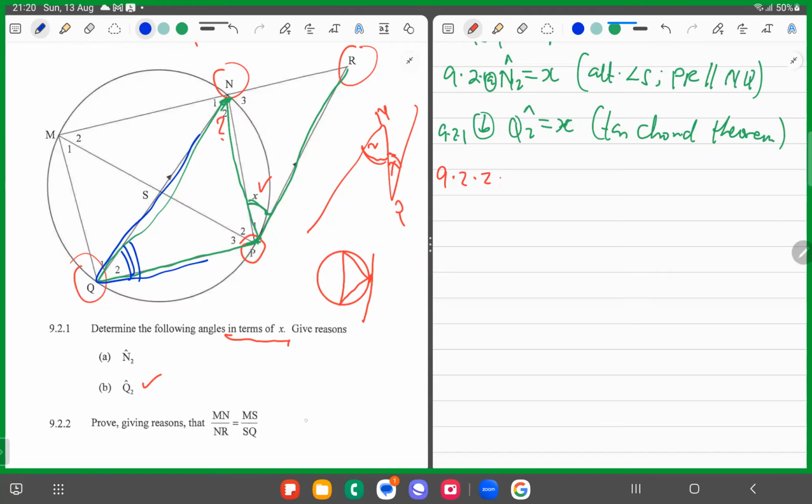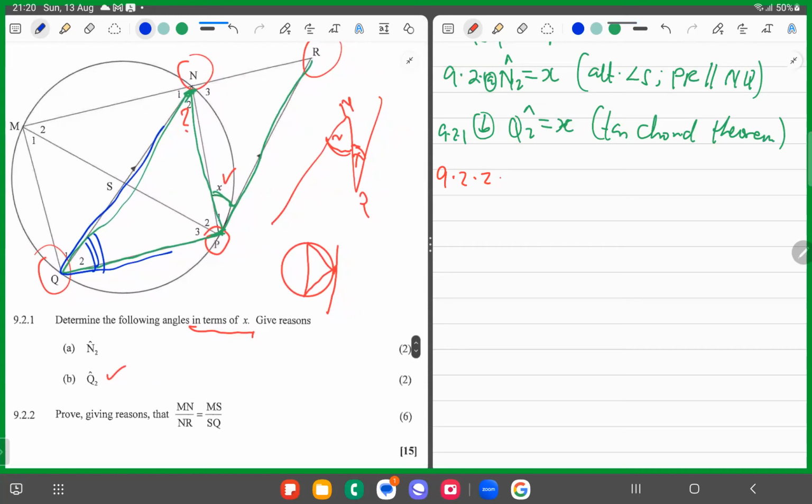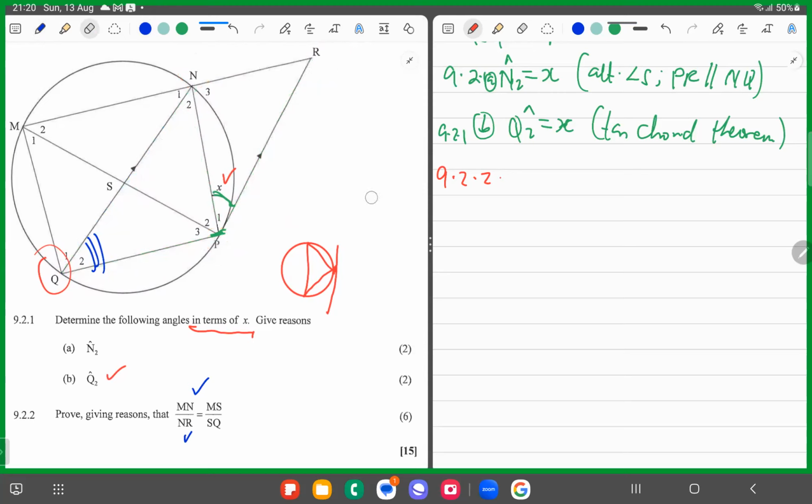Prove, giving reasons, that MN over NR is equal to MS over SQ. Okay, and the marks are 6 for that one.